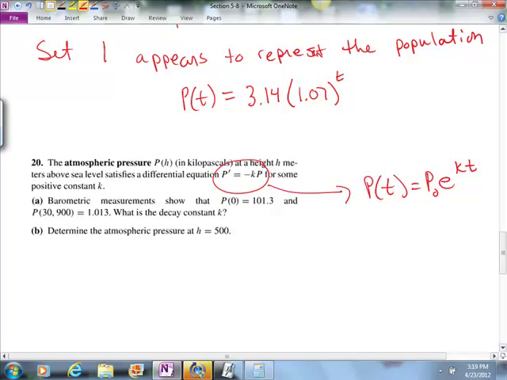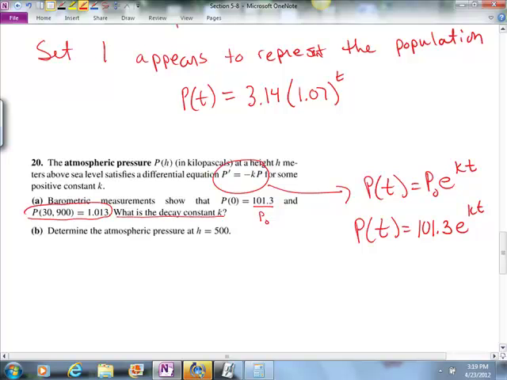Now, it says barometric measurements show that P of 0 is equal to 101.3. So this right here is your P naught, because that's how much you have at time 0. So you're getting closer to filling out your formula. This is going to be 101.3 e to the kt. Now, we want to find the decay constant, but they give us some other information.